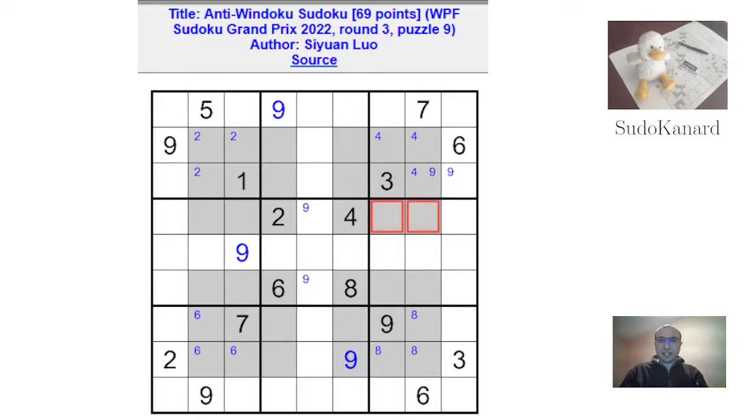So we know that 9 would never appear here, and it will never appear here anyway. So using this 9, we can't have 9 here, we can't have it here. So the available cells are those. Well, that's 3 positions. That's not so interesting, not so impressive.